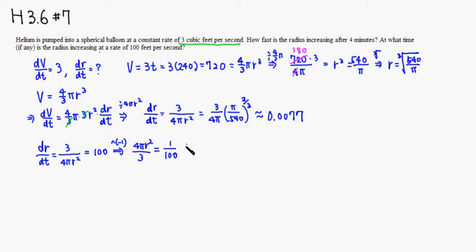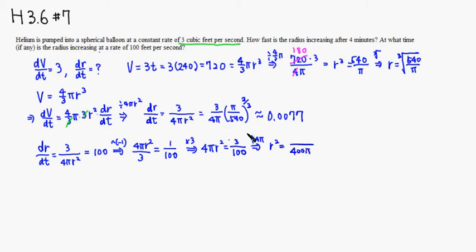Then we can multiply both sides by 3, so 4 pi r squared is equal to 3 over 100. Then we can divide through by 4 pi, so we get r squared equal to 3 over 400 pi.